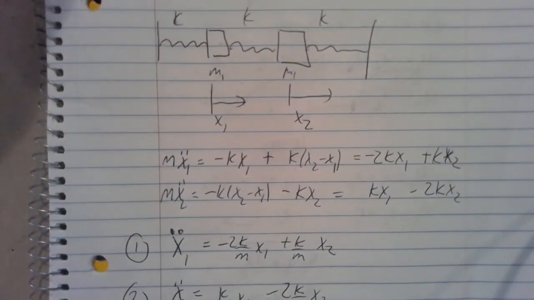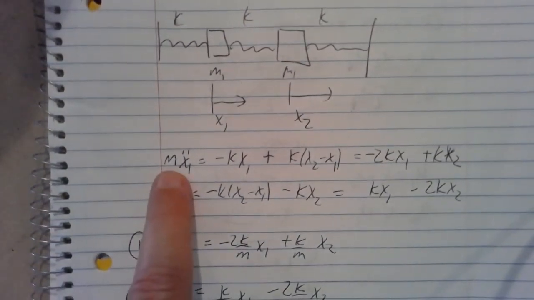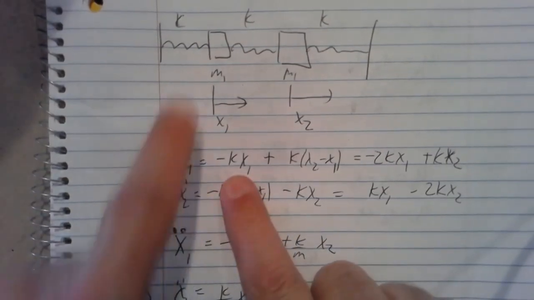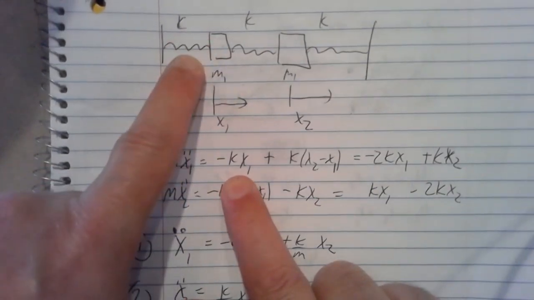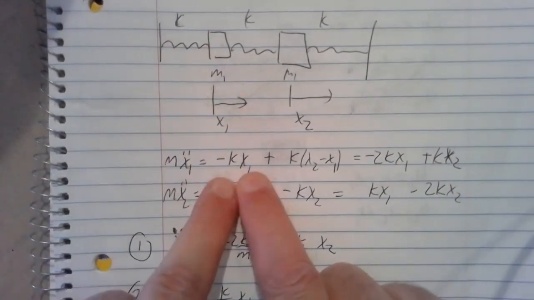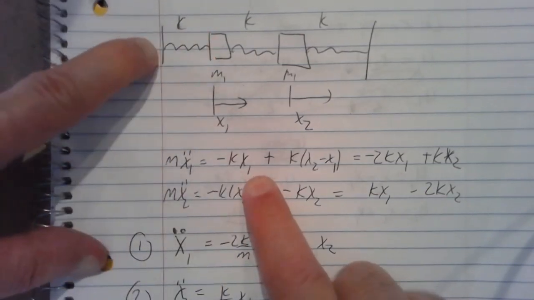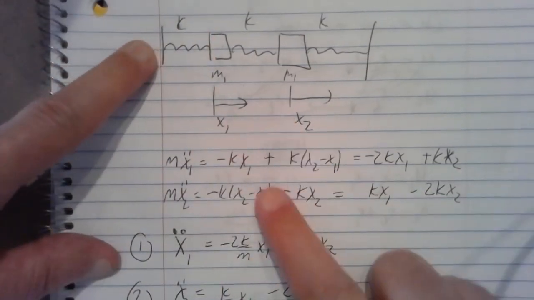So here, using Hooke's law, are my equations of motion. F equals ma, remember, and for Hooke's law, F equals negative k times displacement. So for this mass, from this spring, the Hooke's law force is negative kx1. This guy is pulling back if x1 is positive.